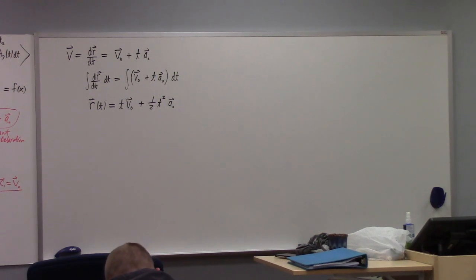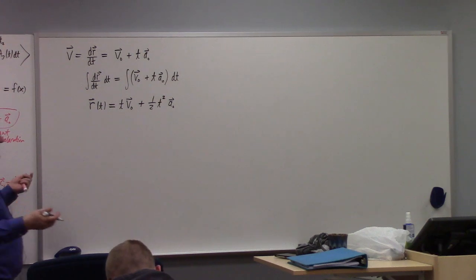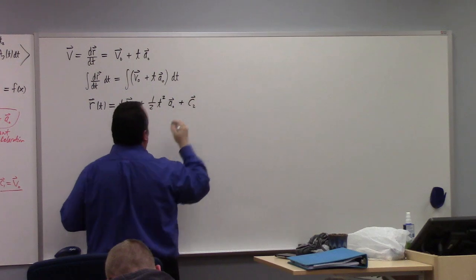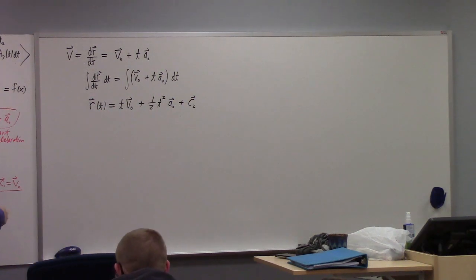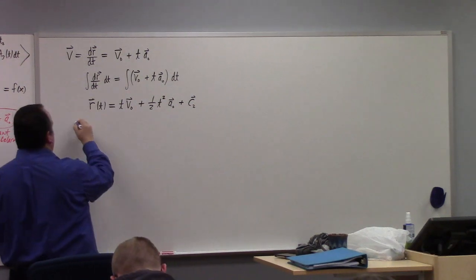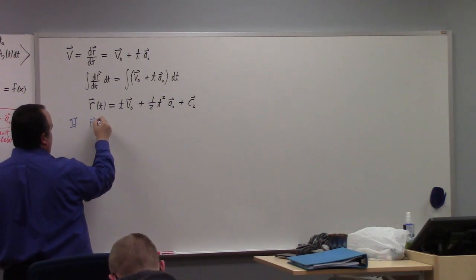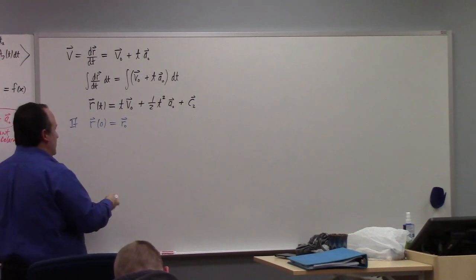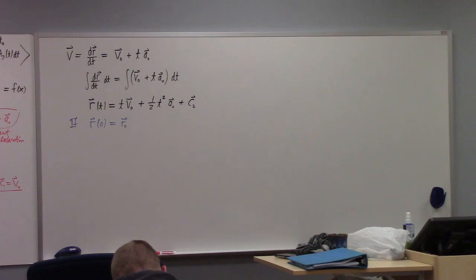Now, we're integrating both sides. I'm doing an indefinite integral at the moment, so I'm obligated to add plus c2. Now, if I'm given that the position at time 0 is equal to r sub 0, as is our typical notation here, then what does that mean?